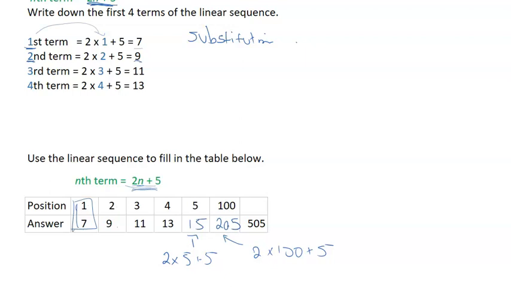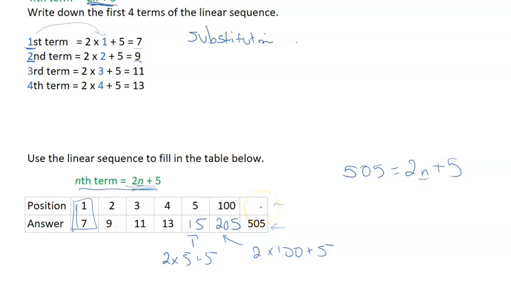So have a look at the last one. You've been given the answer, but you haven't been given its position. So now you need to work backwards. So if we use, once again, this formula, we've got 505 equaling 2n plus 5. We don't know what n is now because that's the bit that's blank.